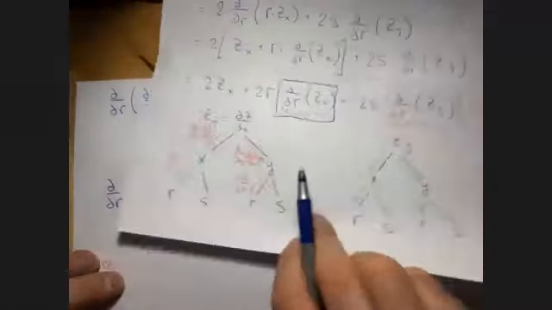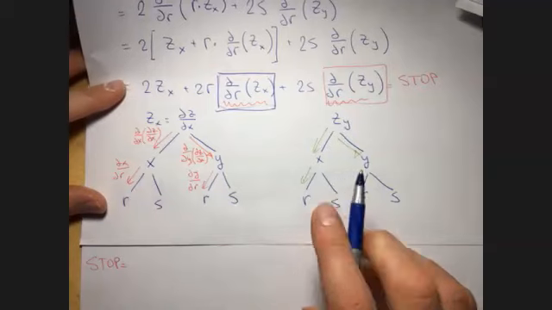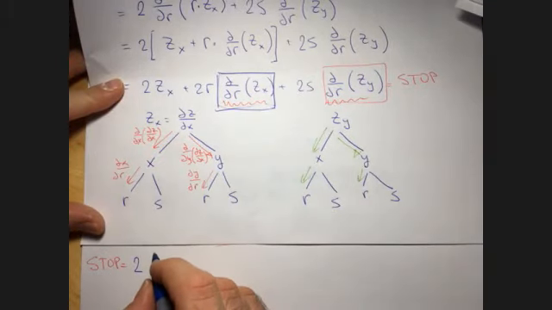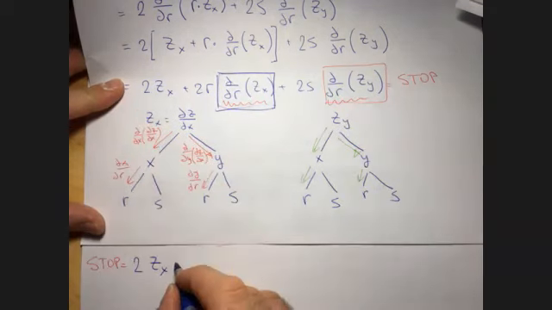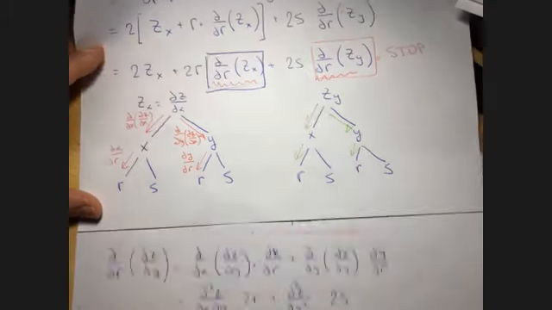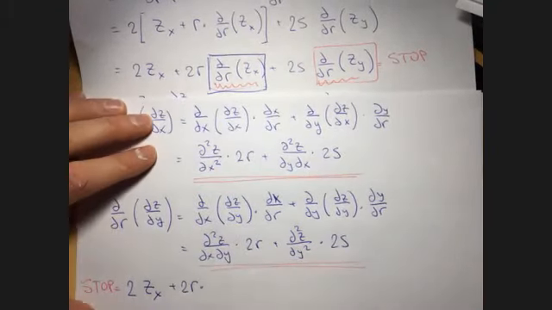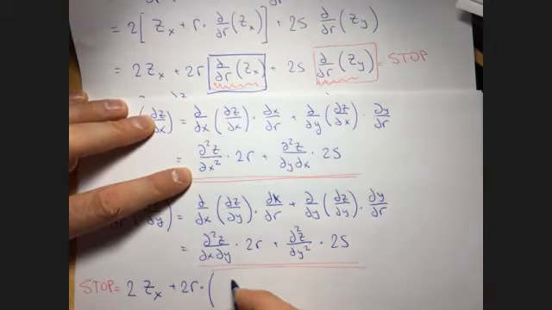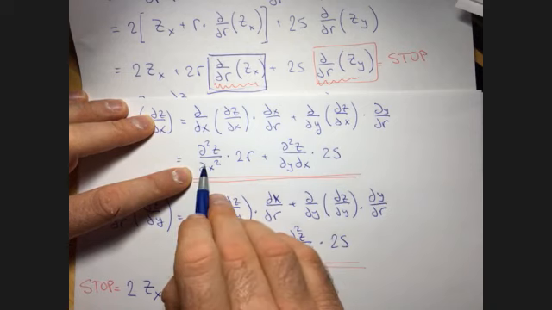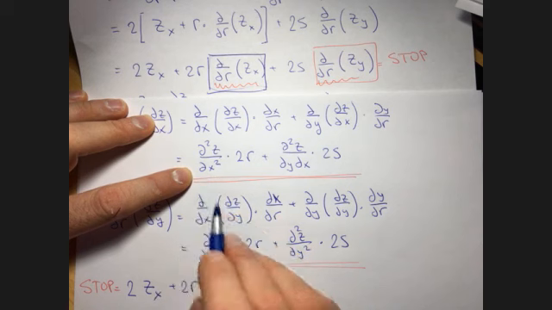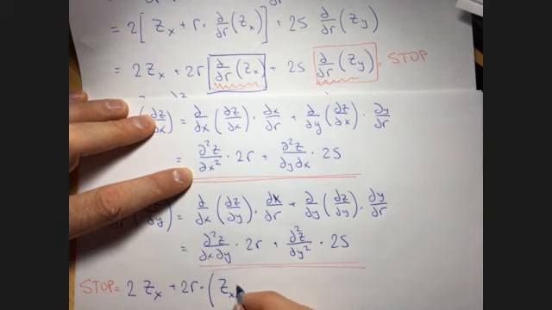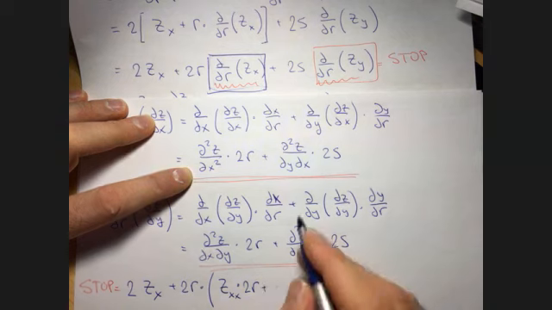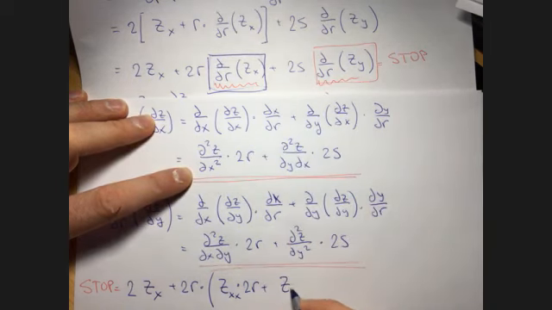So that's going to be 2 times partial z partial x plus 2r times, all right, now I'm going to mix in the other notation just as practice, z double x, the second order partial derivative of z with respect to x twice, times 2r plus the second mixed derivative, xy, times 2s.